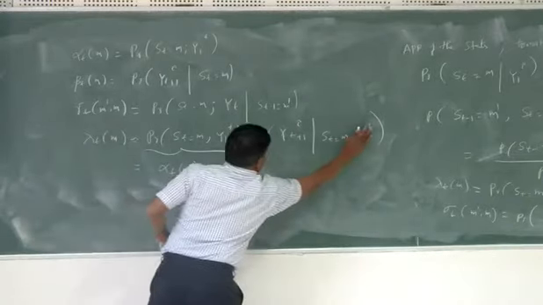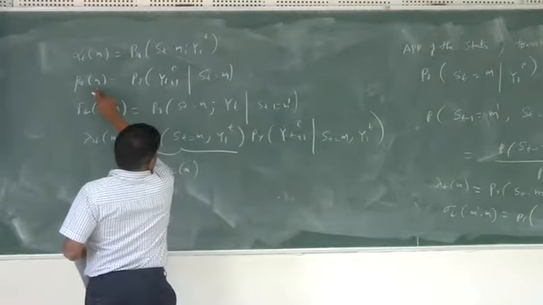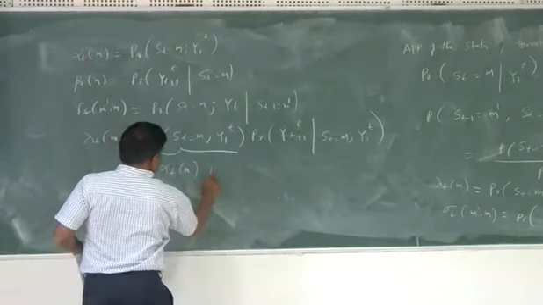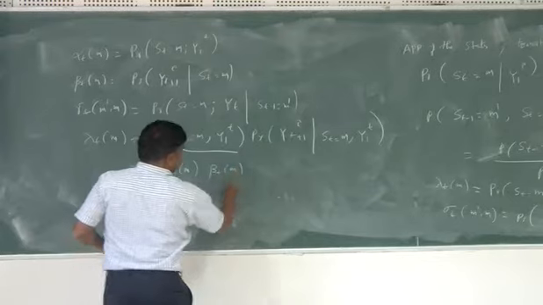Then if you ignore this part, this is defined as beta t of m.